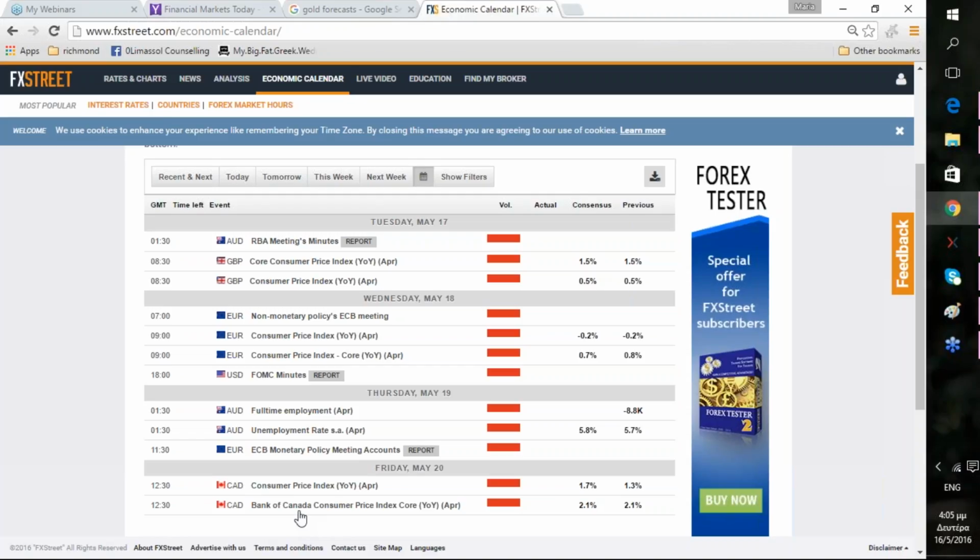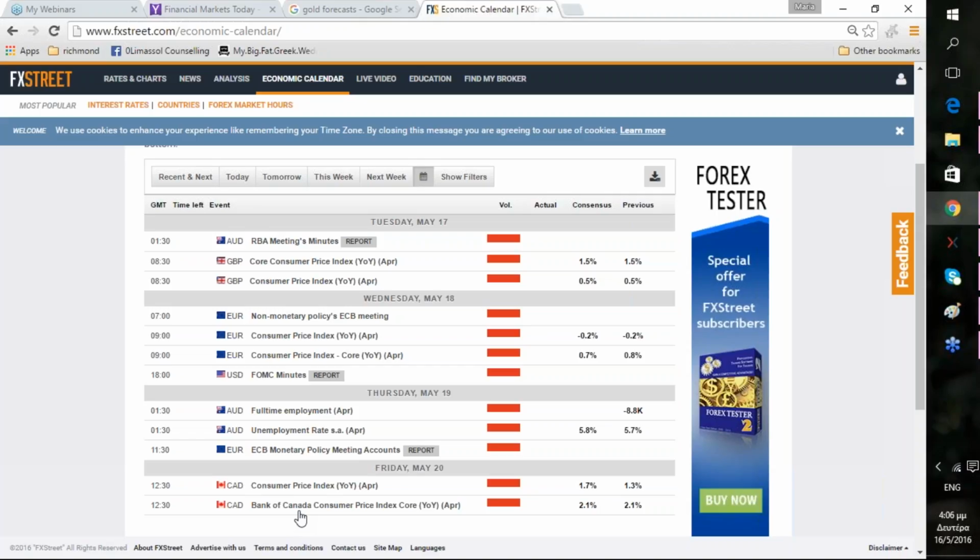AUD is something you want to focus on as well, because it revolves around what's happening in China, and these two countries would revolve around what's happening with gold prices. Then you've got GBP, then the euro.